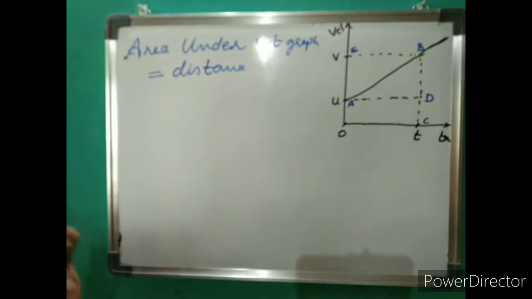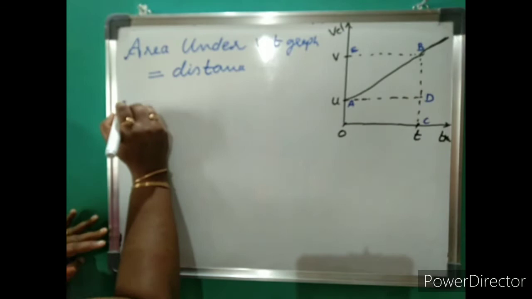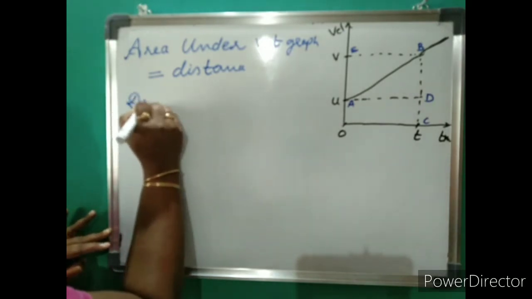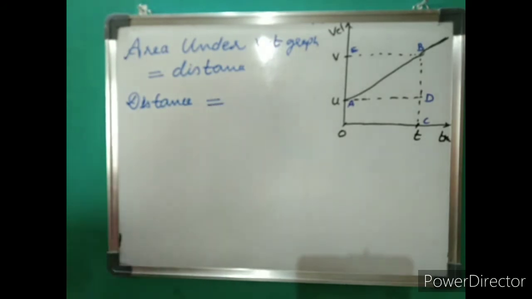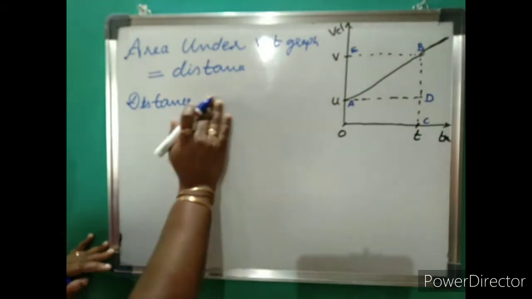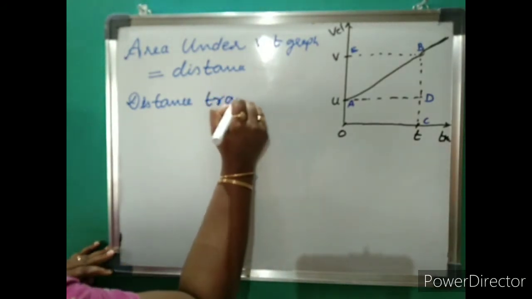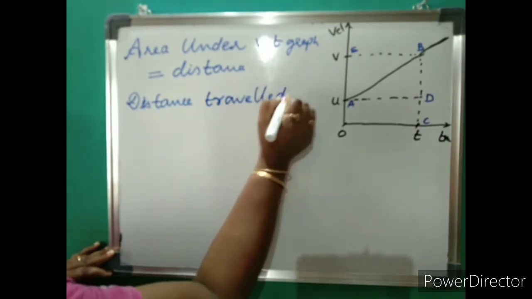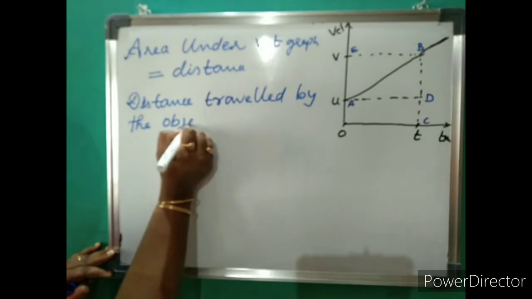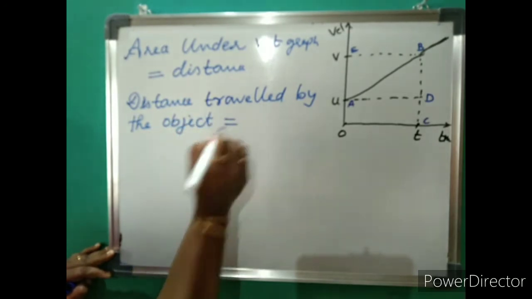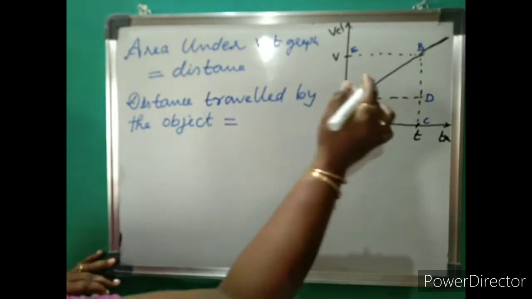From the graph, the distance traveled by the object is equal to the area under the graph.